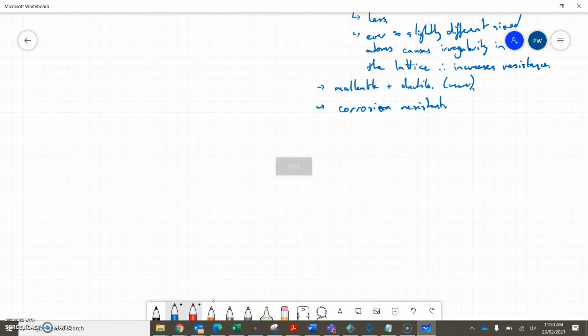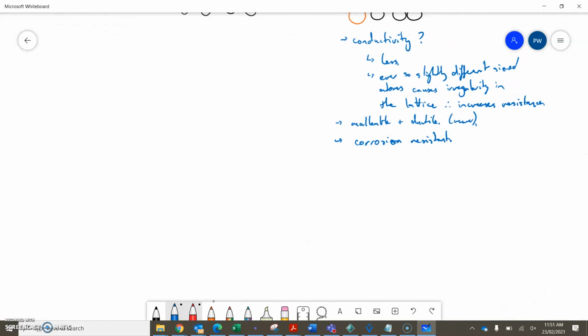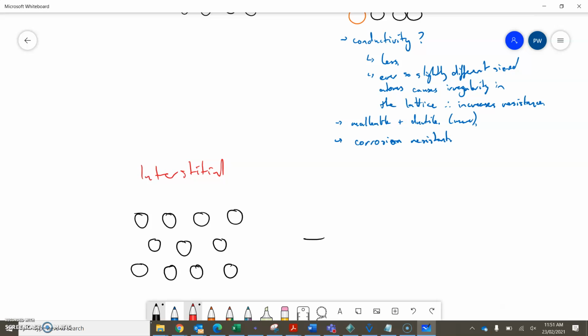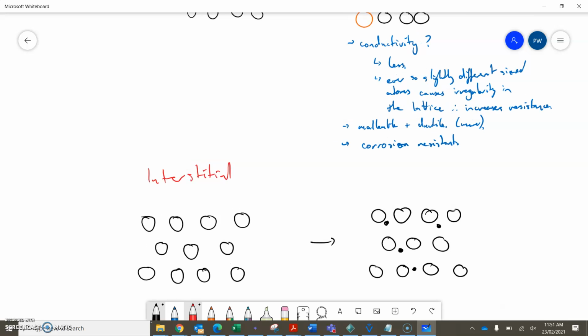Okay, let's look at interstitial. So interstitial is in between. So there's my original metal, and then we're actually going to put in atoms which are smaller.